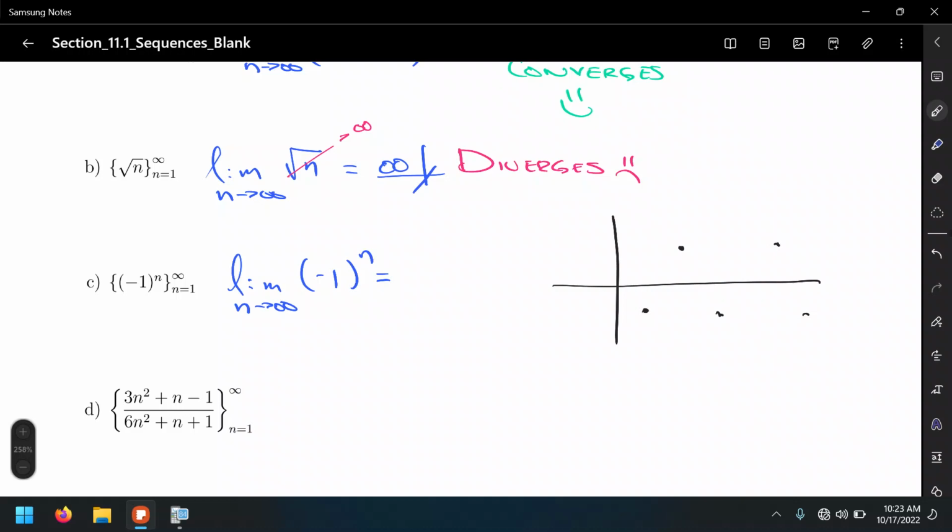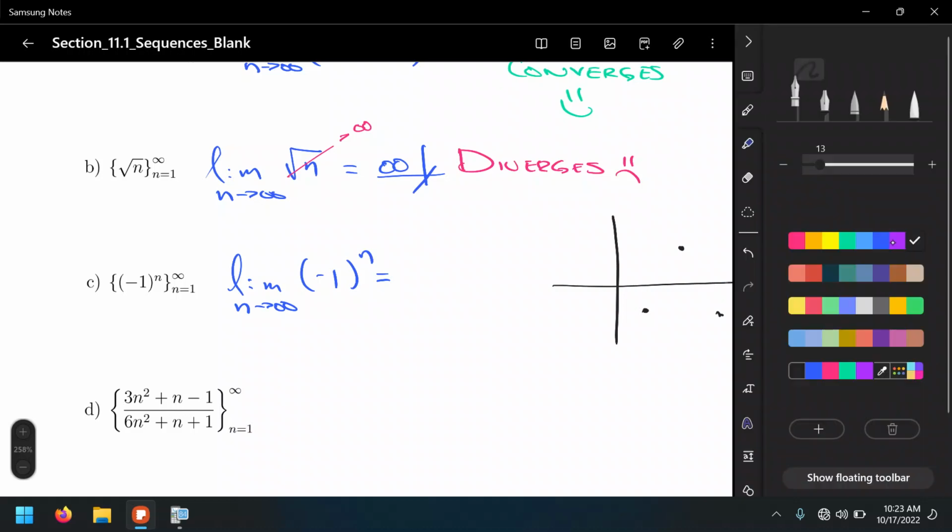So it's just bouncing back and forth between -1 and 1. For this reason, the limit is not infinity, but DNE, does not exist. And recall, it's either infinity or does not exist. And in this case, it also diverges. All right.